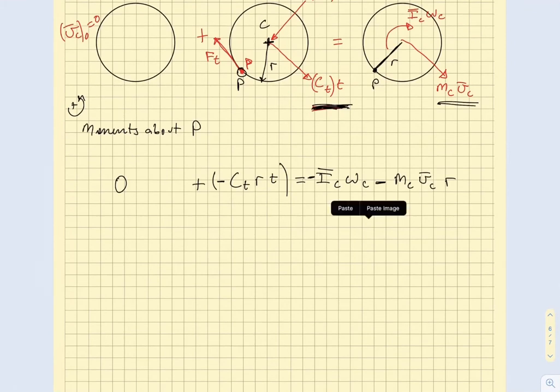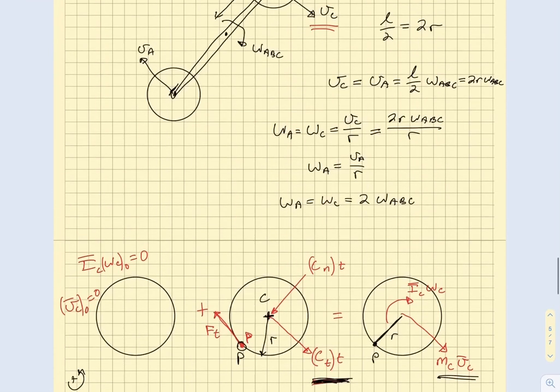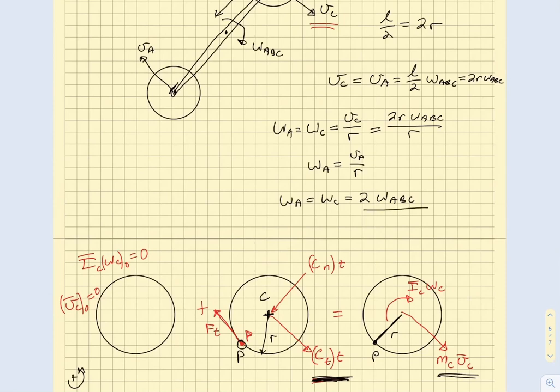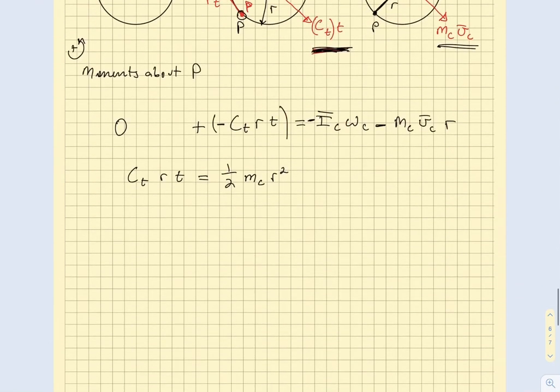So we'd say MC, the velocity V bar C, and then the perpendicular distance would just be R. Remember, this is location P, and this would be my perpendicular distance R. And the way that I've drawn this should be a negative here, and this should also be a negative. So I can get rid of the negatives here.